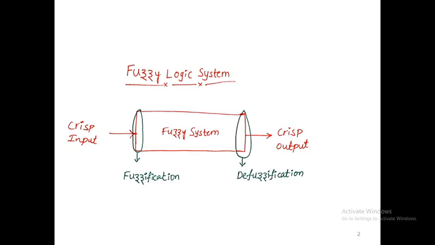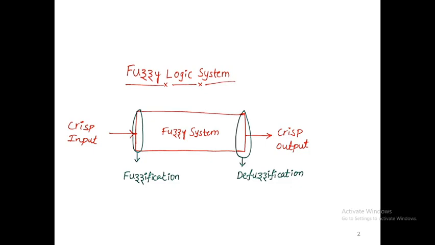Below 5, that means 4 to 5, that is shorter. Likewise, we can give some rules. Those rules will be given in the fuzzy logic system. By understanding the rules, it will give some output. If you provide the crisp input, clear input, your height, you can give it as an input. Let us take that height as 5.3.